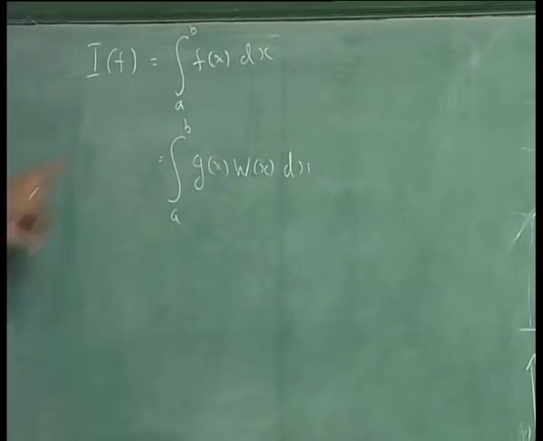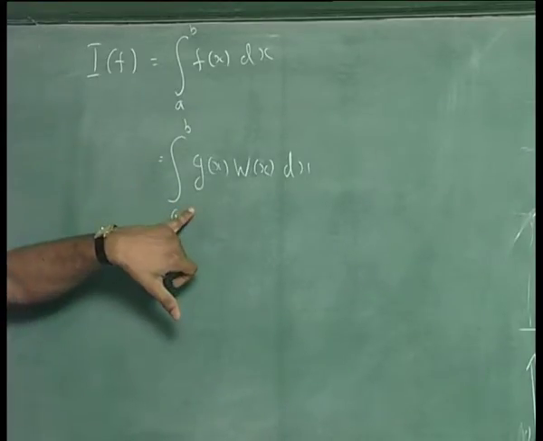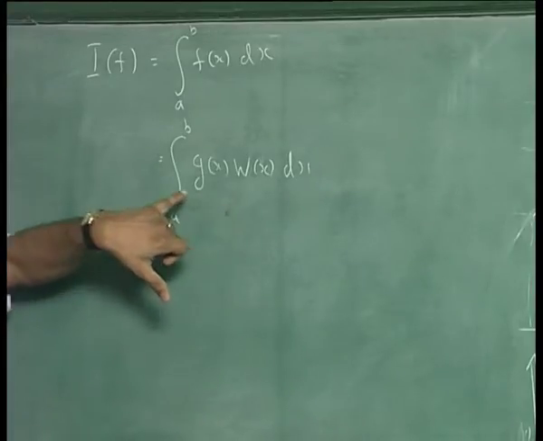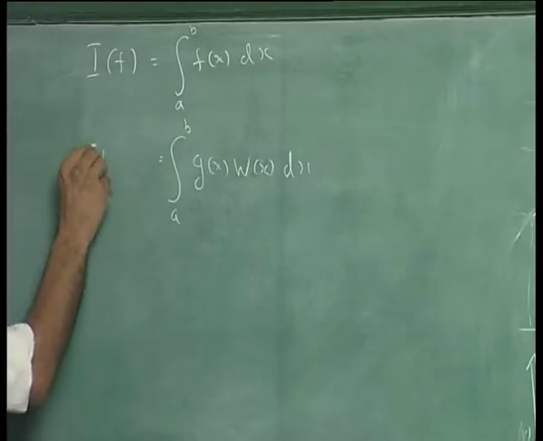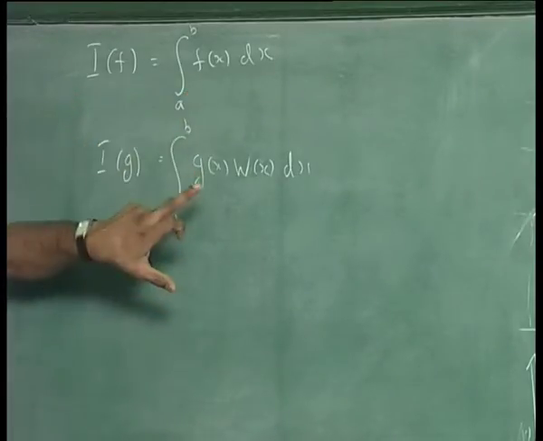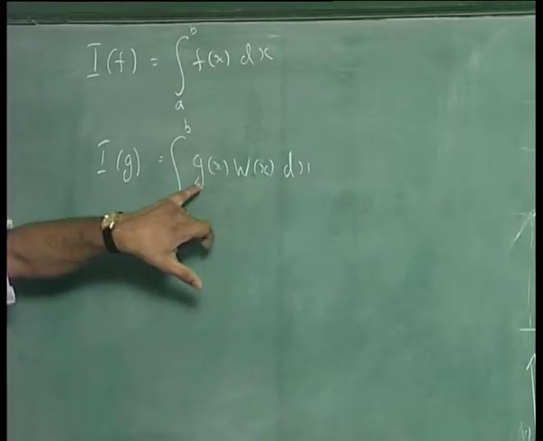Okay, so I want to write this as a product of two such functions, and now I want to write the integral of this g. That is what I call I of g. So I would use this I of g to denote that I have actually split this function f into two parts, g and w.